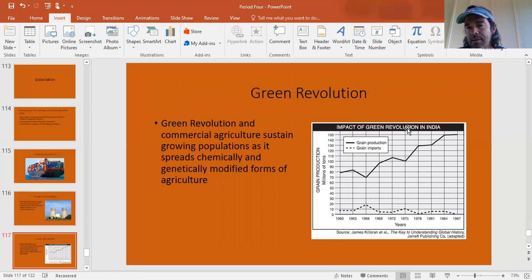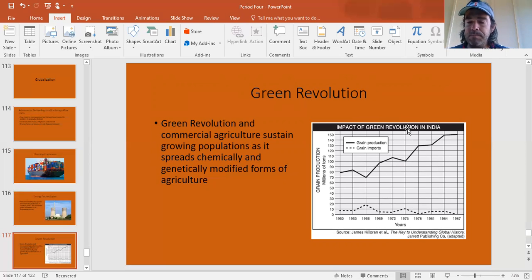And when you start to use genetically modified seeds and chemicals and pesticides that have been worked on now for 50 years, food production, especially in poorer regions of the world, is going to dramatically increase, leading to much, much more food.